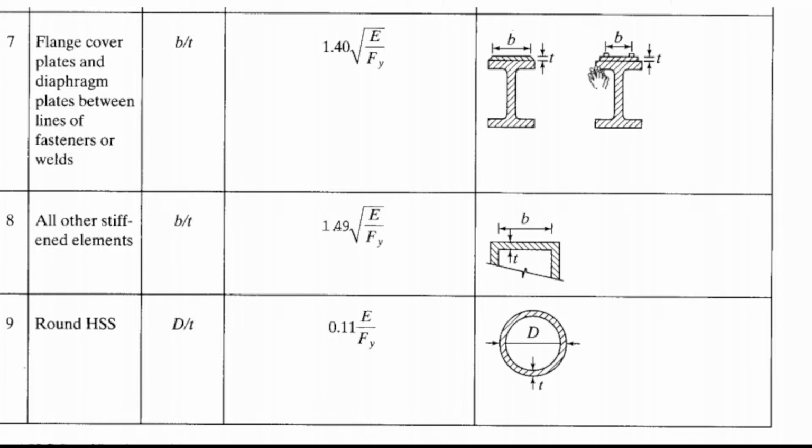If you are using bolts, then it is the bolt to bolt distance. If you use welding, then it is the length of the cover. Then t is the thickness of that cover. So flange cover plates and diaphragm plates between lines of fasteners or welds.